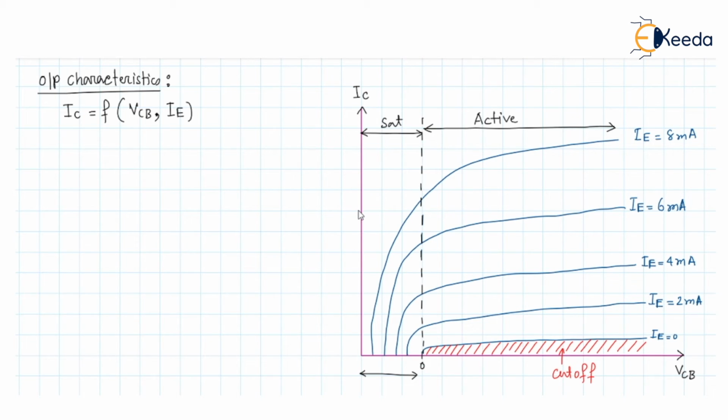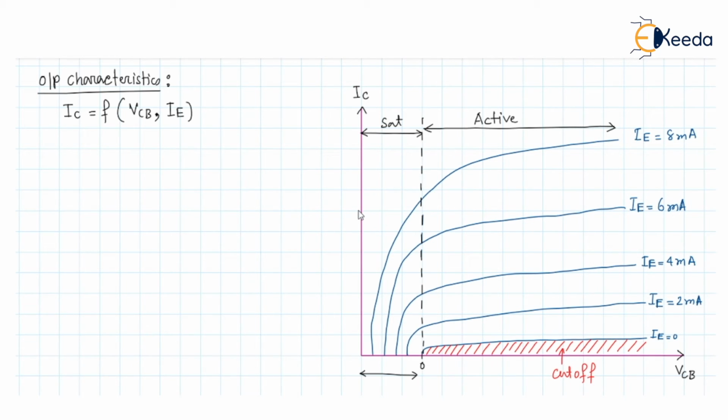In this way we can find the three different regions, and in this saturation region we can see that both the emitter base and the collector base junction are forward biased.